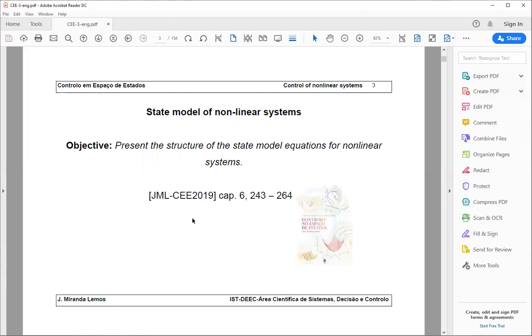So in this lecture that you can see in this video, we will start by studying the state model of nonlinear systems.